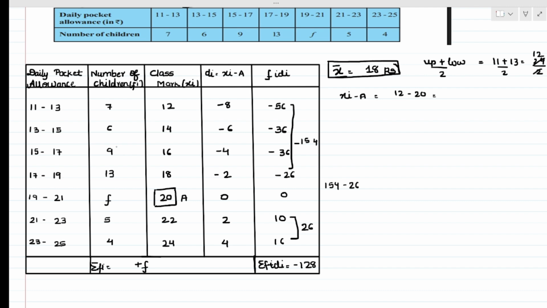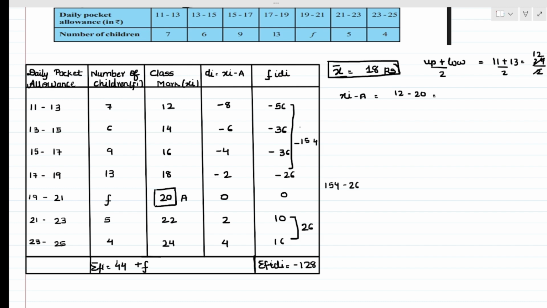So here 7 plus 6 equals 13, 13 plus 9 equals 22, 22 plus 13 equals 35, 35 plus 5 equals 40, and 40 plus 4 equals 44. So our sigma Fi becomes 44 plus f. Wherever we find sigma Fi, we will substitute 44 plus f.